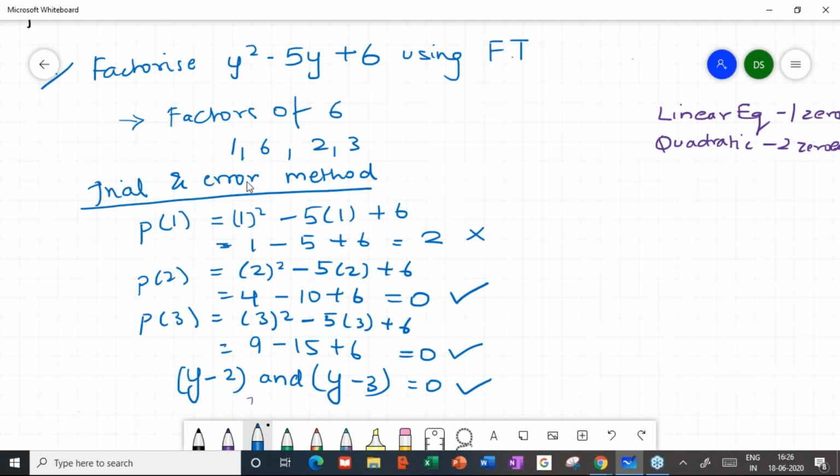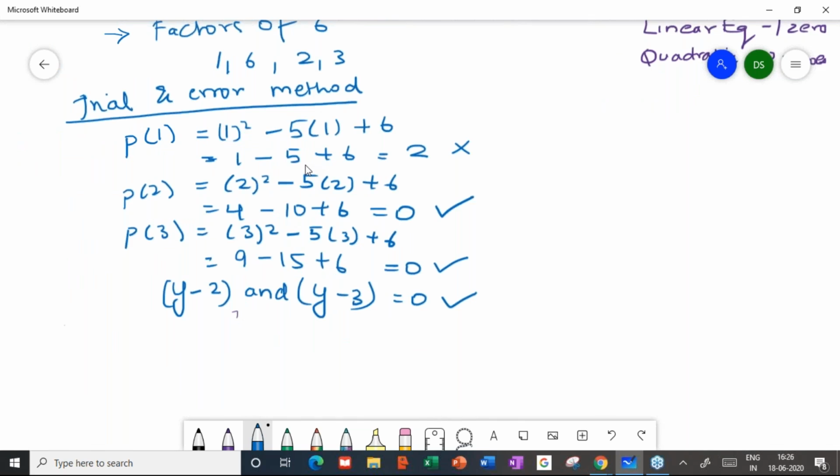Say you're checking using p equals minus 1, right? So it will be minus 1 square minus 5 into minus 1 plus 6, or it will be 1 plus 5 plus 6. It's nothing but 12, right? So it's not a factor.